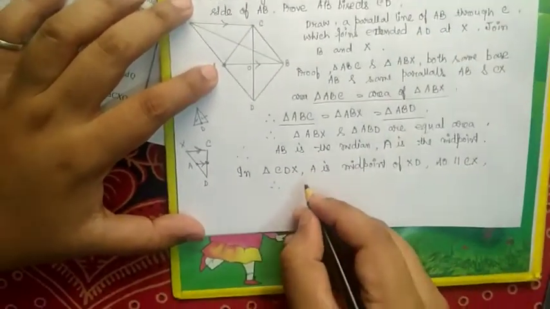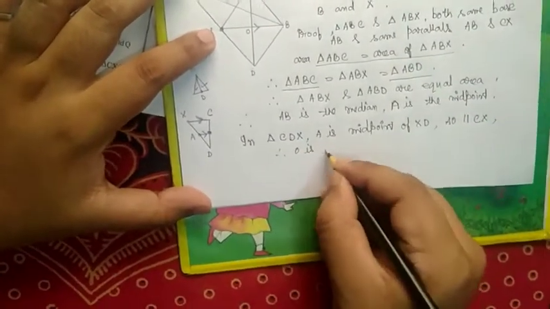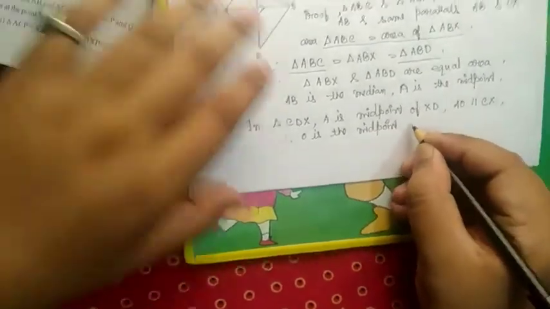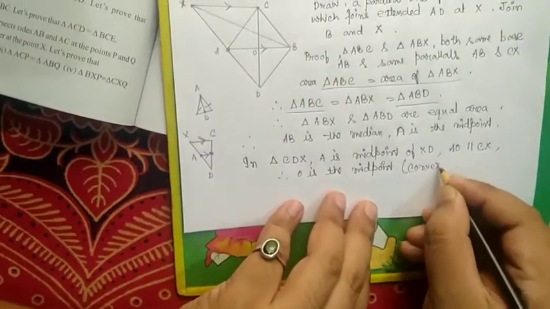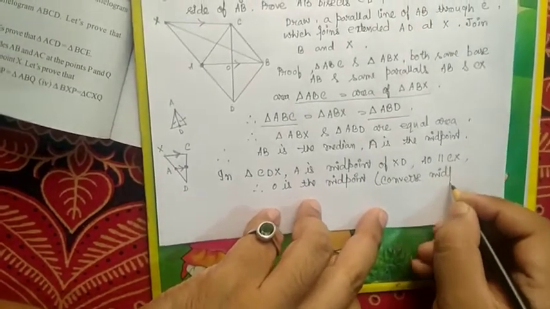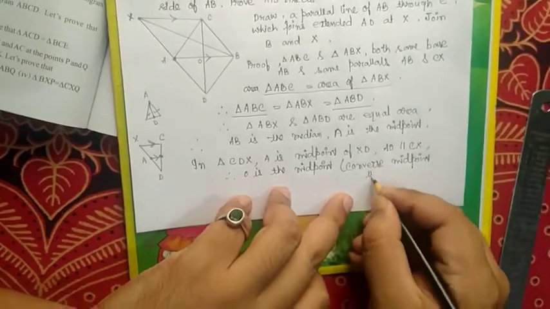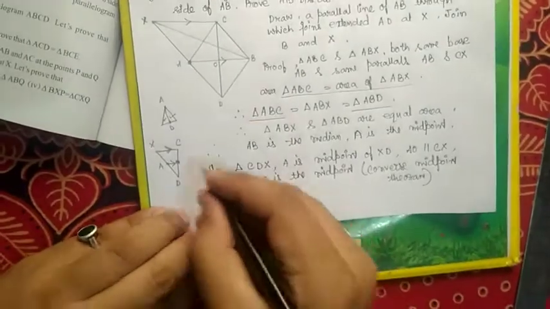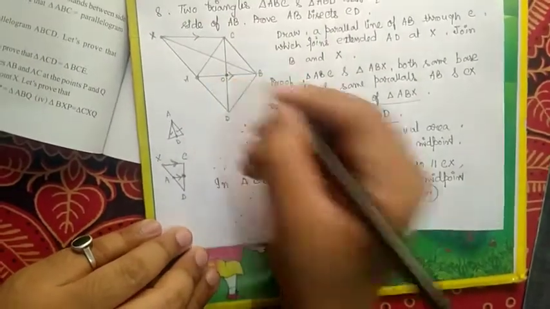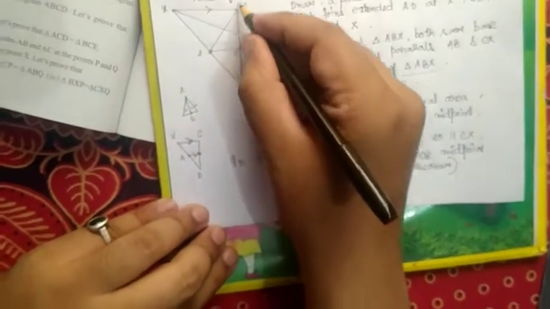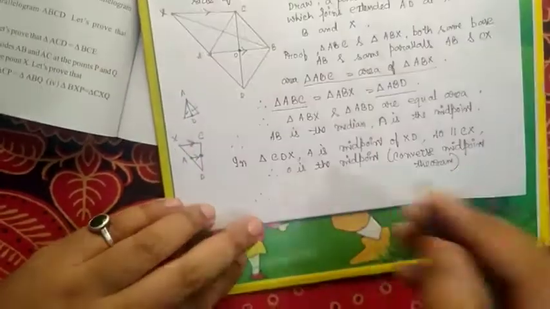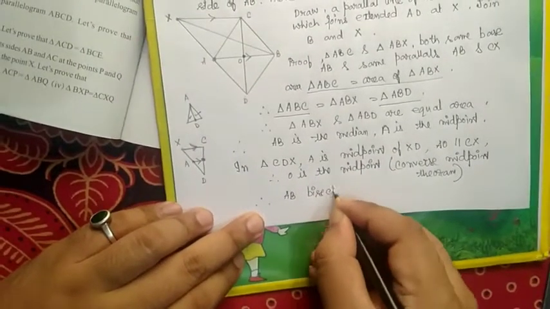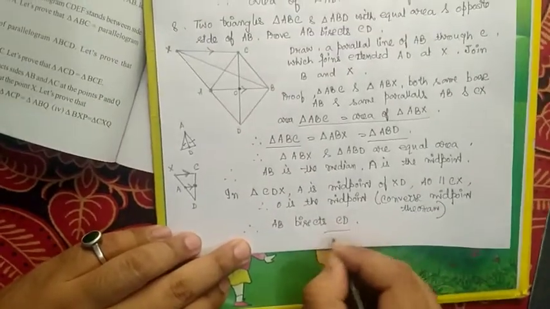So O is the midpoint of CD, by the converse midpoint theorem. So therefore we can say that CD and AB bisect each other. AB bisects CD. Very, very important sum.